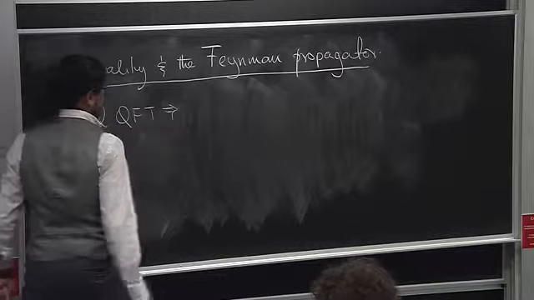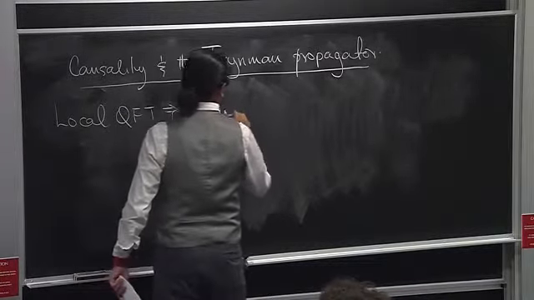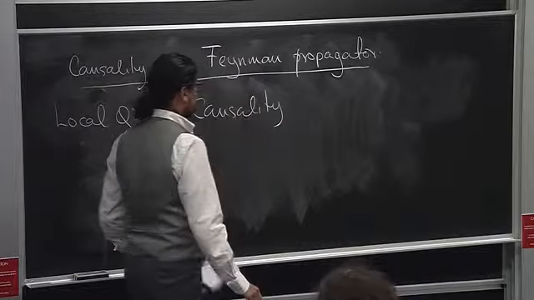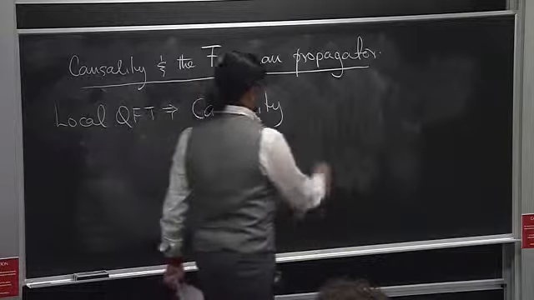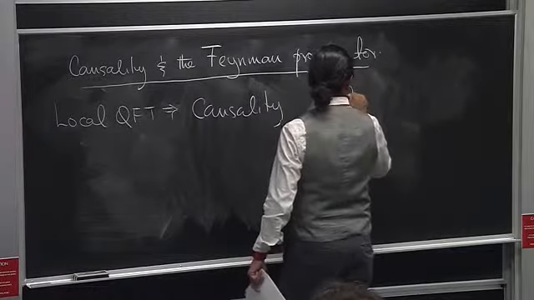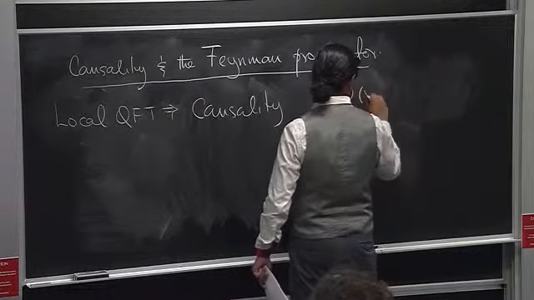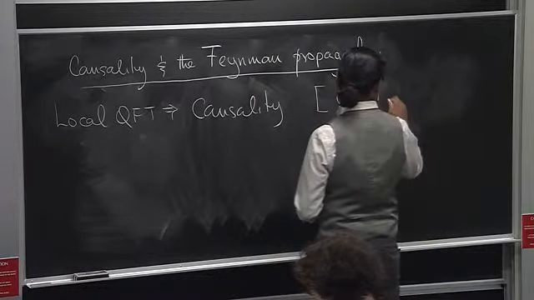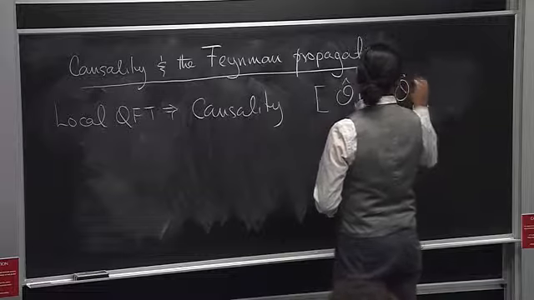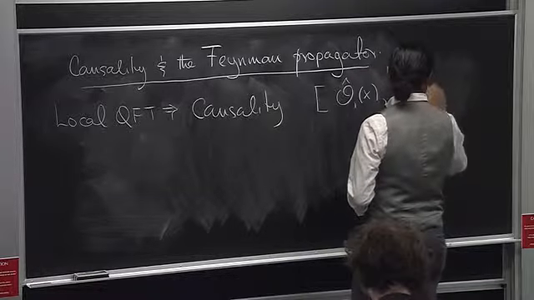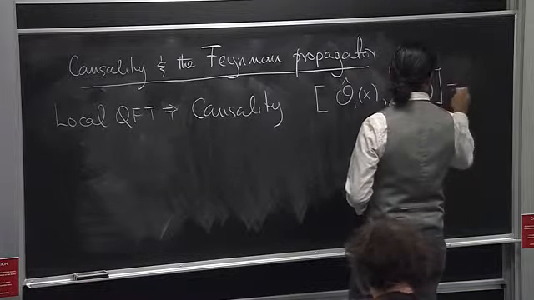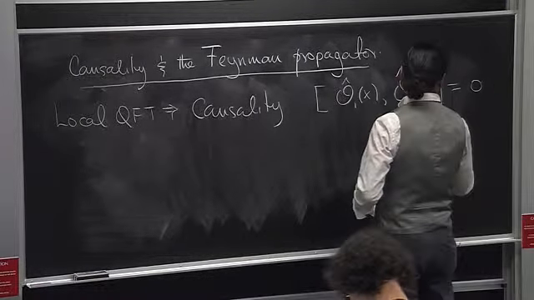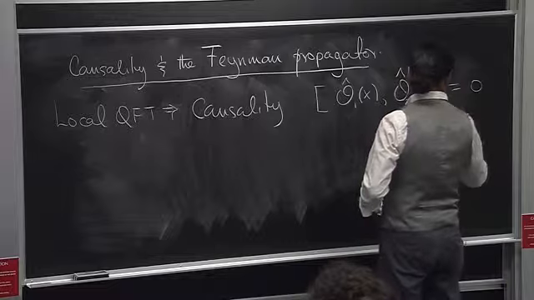And in local quantum field theories, the statement of causality is that if you have two observables, O1 and O2, and they're local functions of space-time, then causality implies that their commutator is 0 at space-like intervals.